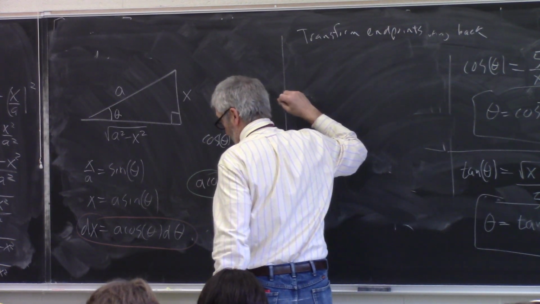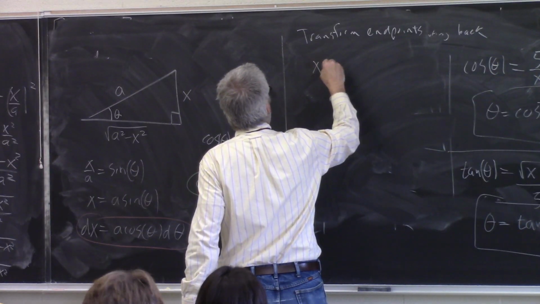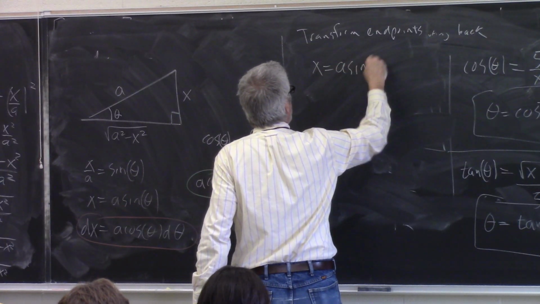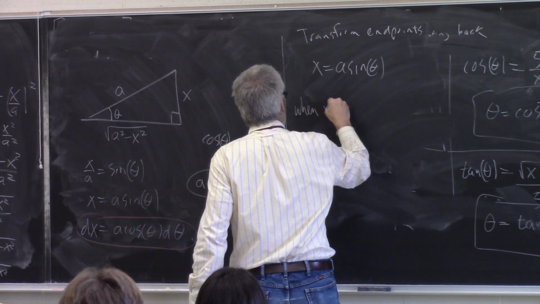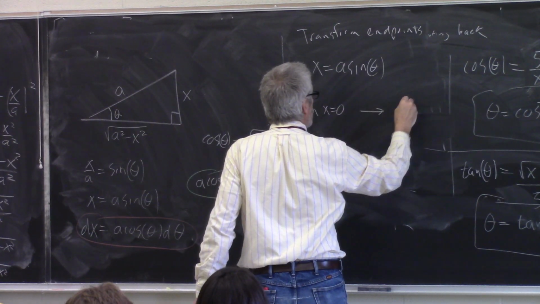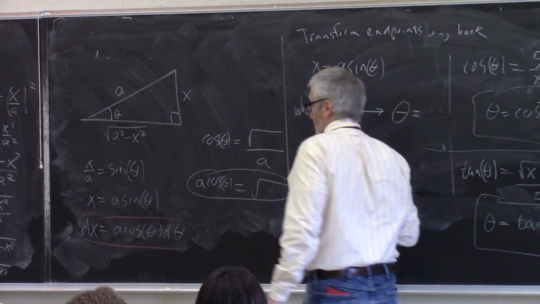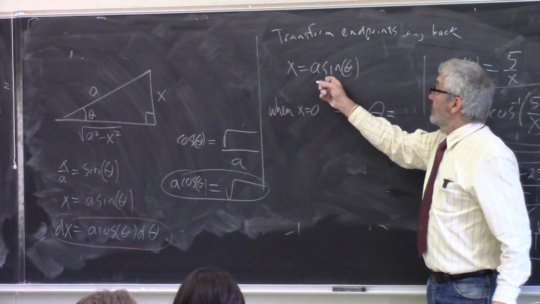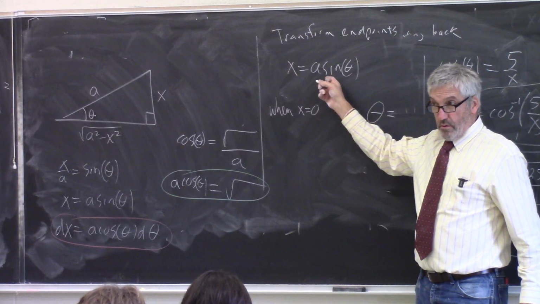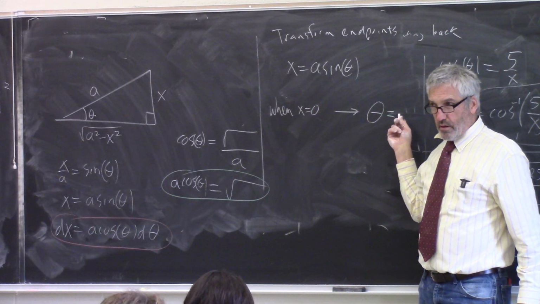So we have that x equals a sine theta. So when x equals 0, what does that tell us about theta? If a sine theta is 0, what does it tell you that theta has to be?